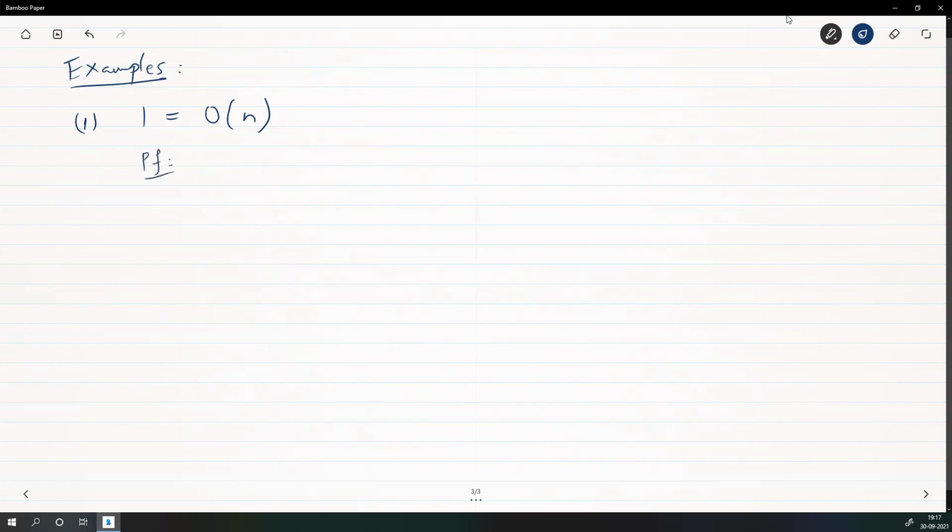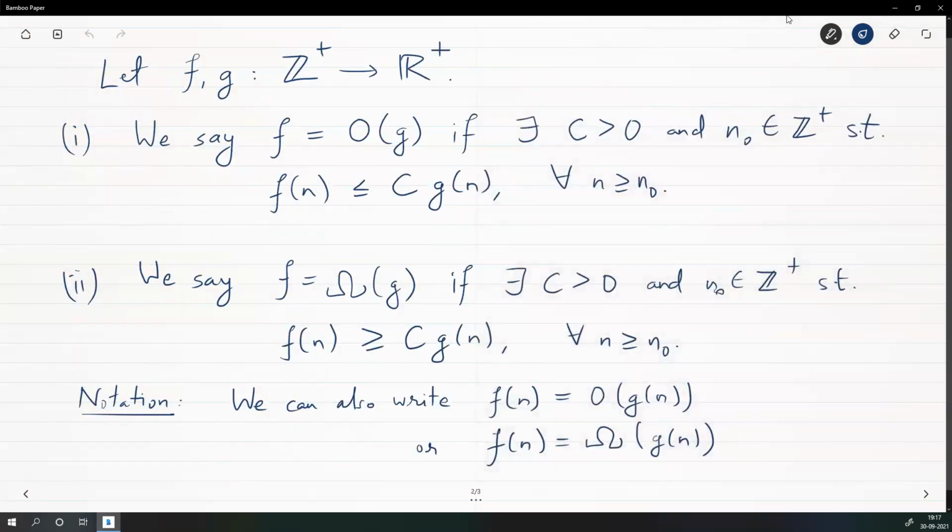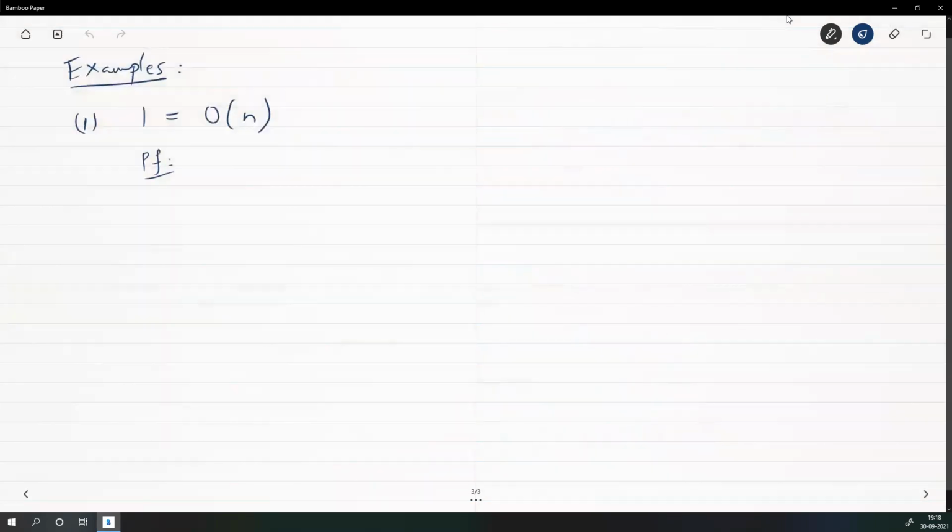Okay, so let's go back to the definition. If we have to prove that f is big O of g, then we need a constant and an n naught such that for all n greater than or equal to n naught, this is true. But if you see here, 1 is in fact always less than or equal to n itself.